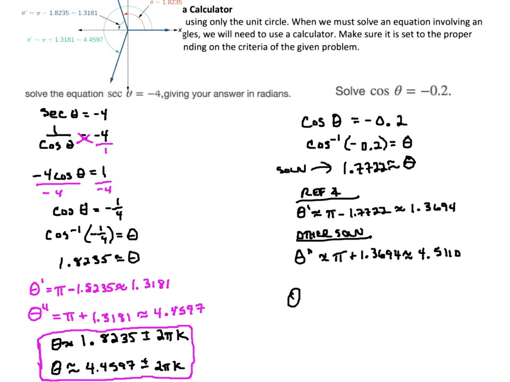So my solutions for theta, I get theta is approximately 1.7722 plus 2 pi k, and theta is approximately 4.5110 plus or minus 2 pi k.